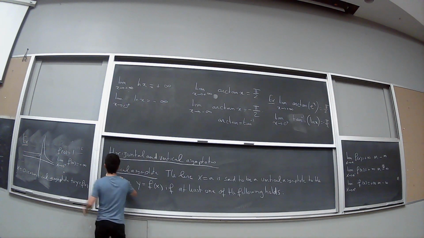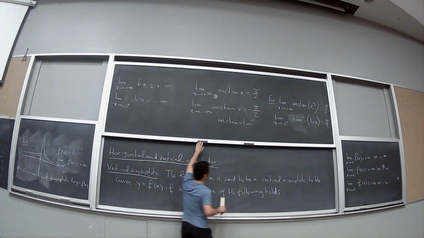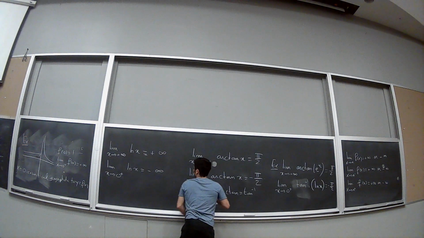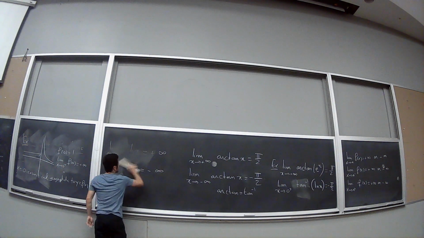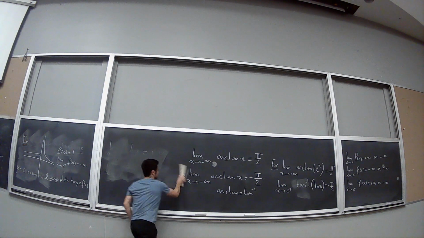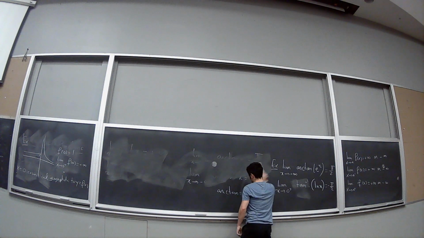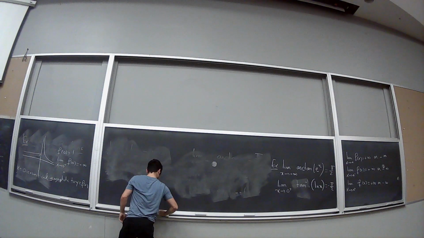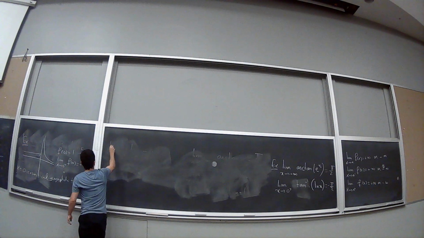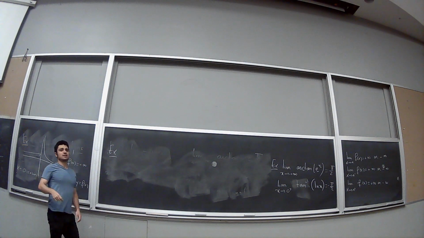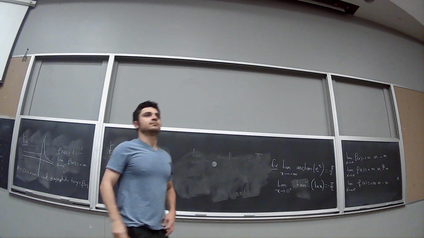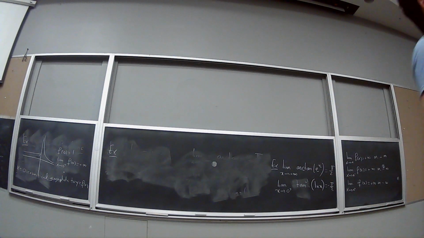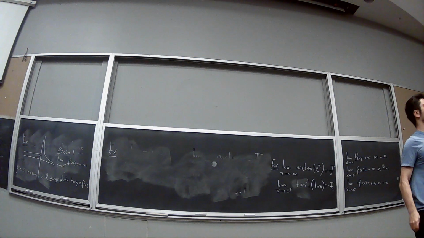Let's give one more example. What are the vertical asymptotes to 1 over x? To the curve y equal 1 over x, what is the vertical asymptote? X equals 0. Can I have another vertical asymptote?